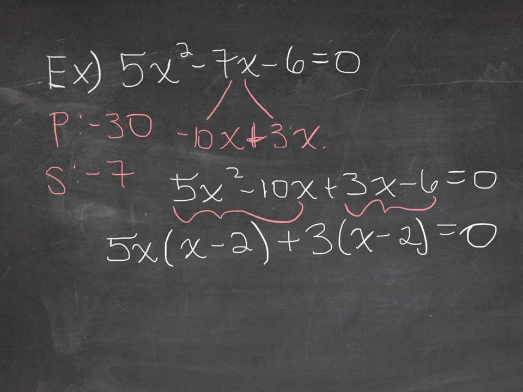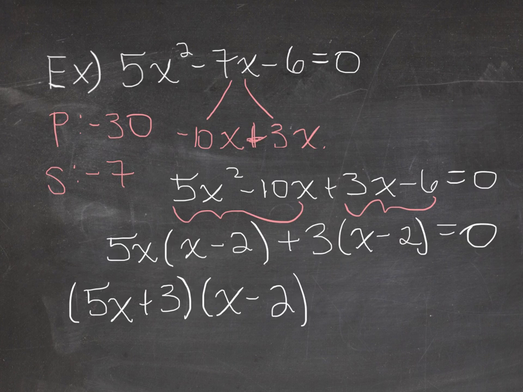So then to finish it off, I put the outside terms into a bracket together, and I take one of those repeated sets of brackets and set that equal to 0.